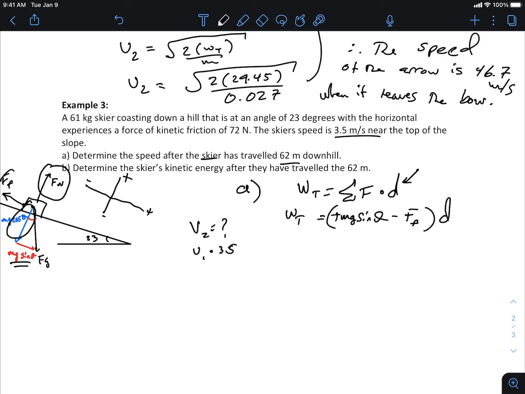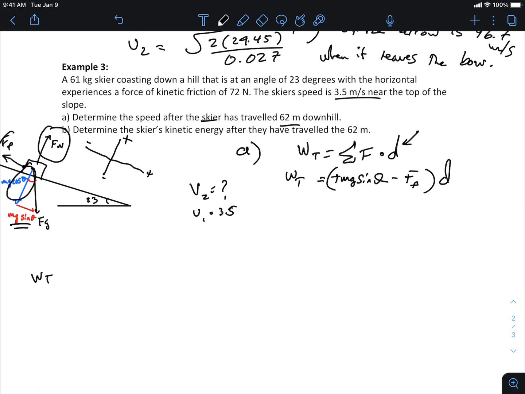So when I go to write out the work energy theorem again, W total is equal to the change in kinetic energy, right? So we're going to see 1/2 m v2 squared minus 1/2 m v1 squared. But again, the problem is, much like the last question, I don't know what the total work done on this system is.